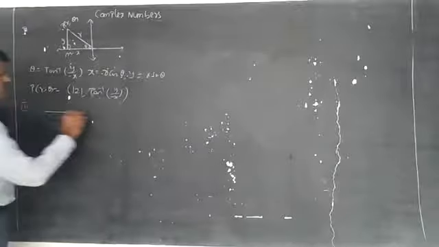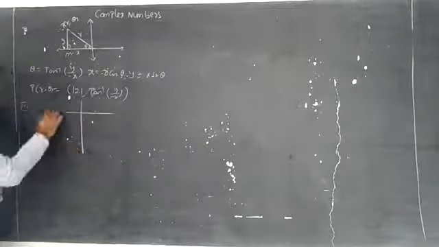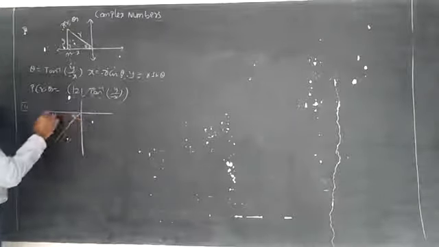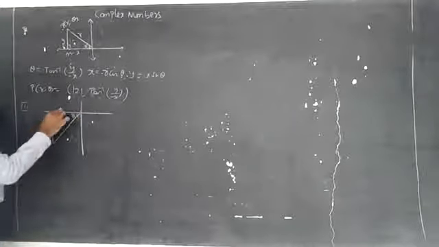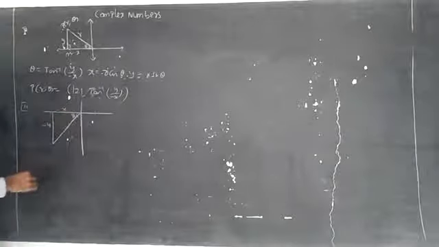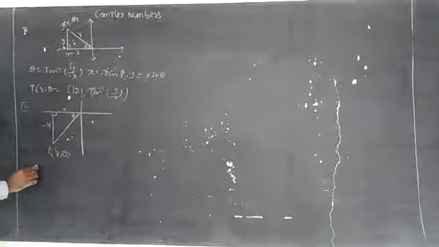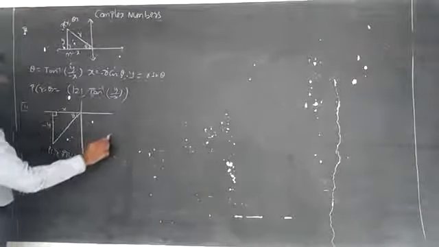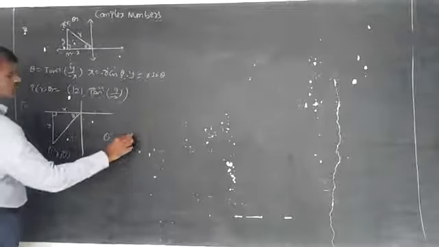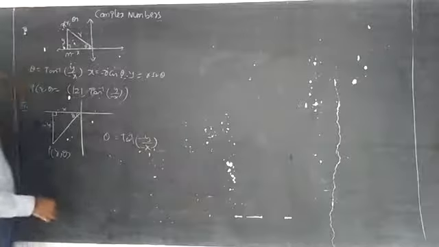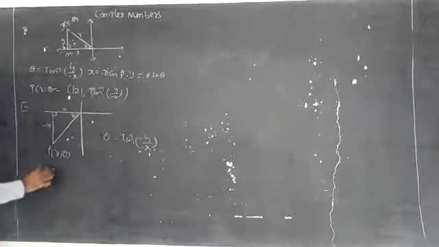Third quadrant, draw the diagram like this. Put here theta. This is minus y, this is minus x. So what is happening here? Put P(r, theta). Here theta is equal to tan inverse of minus y by minus x.